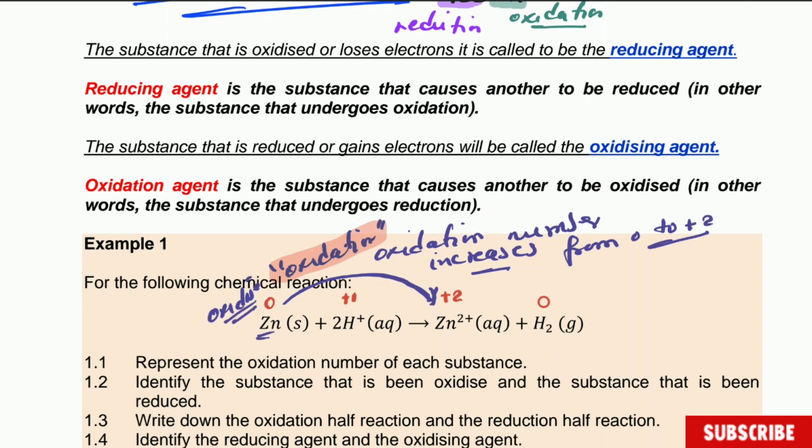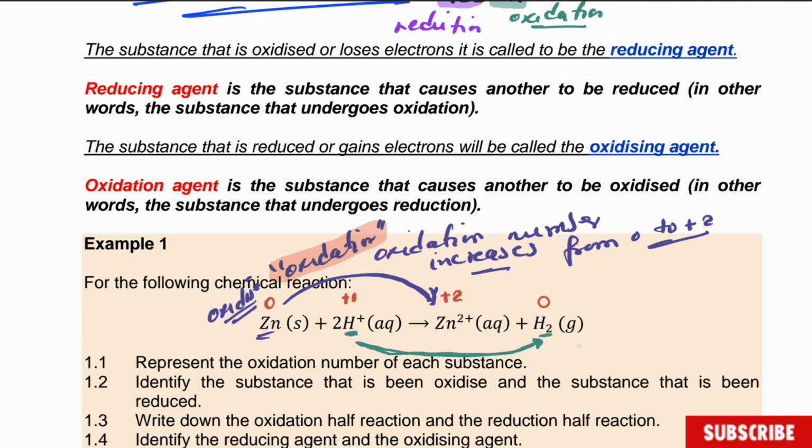That was zinc. Now we're going to do the same with hydrogen. So let's come here to hydrogen in the reactant and hydrogen in the product. Those are the only two atoms here. Sometimes you have more atoms, and you have to do the same with every single atom that you have in the reaction.